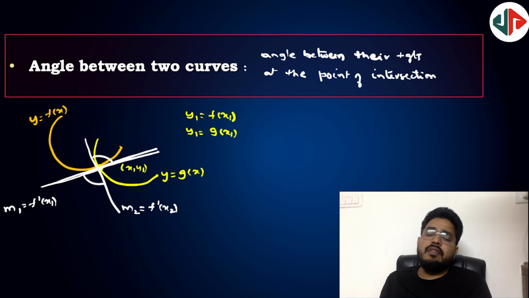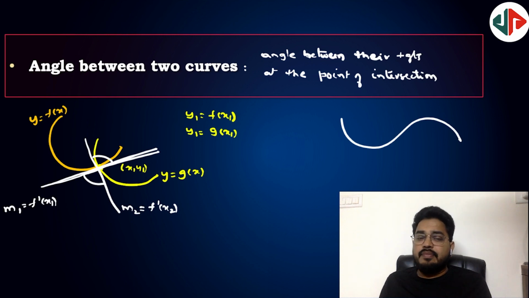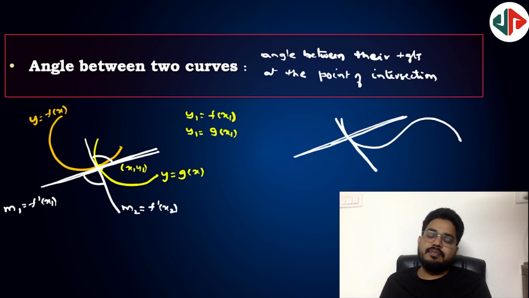So the two curves are intersecting. Now, for example, a curve is there and a line is there. What is the angle between them? So the line is the line as it is, but for the curve you need to draw the tangent.